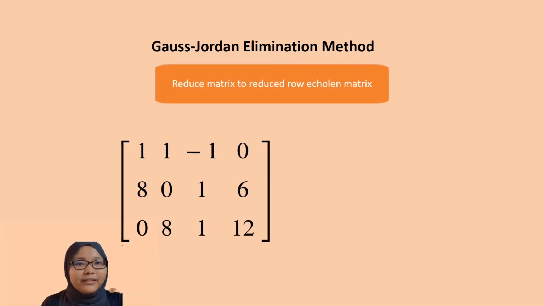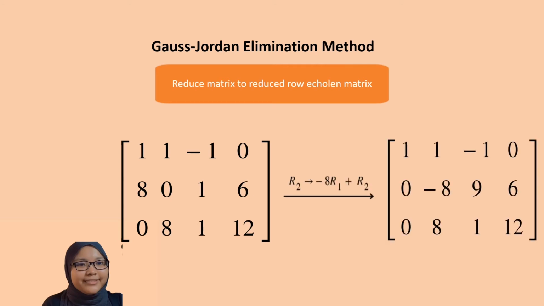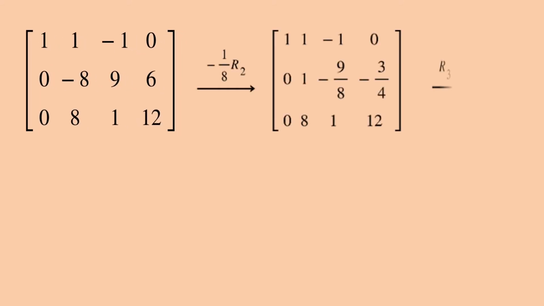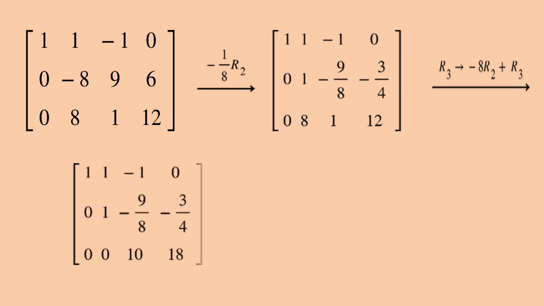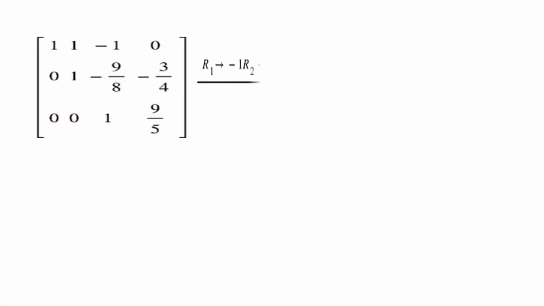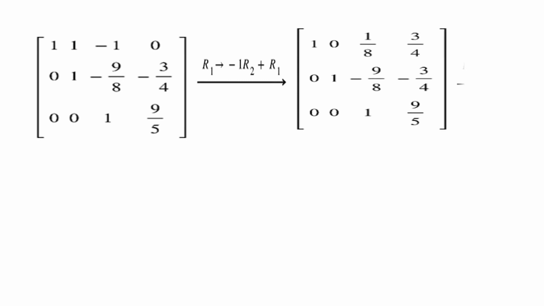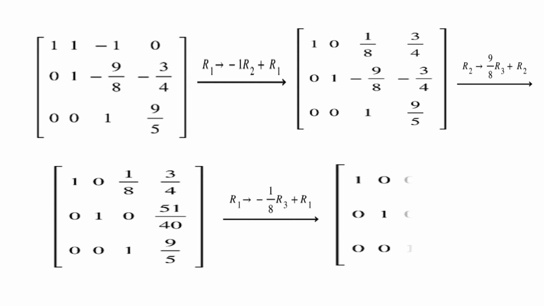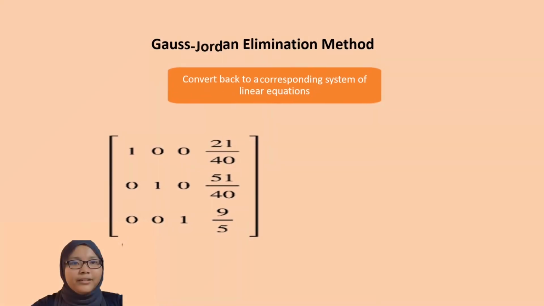Next, by using elementary row operations, reduce the matrix to a reduced row echelon matrix.